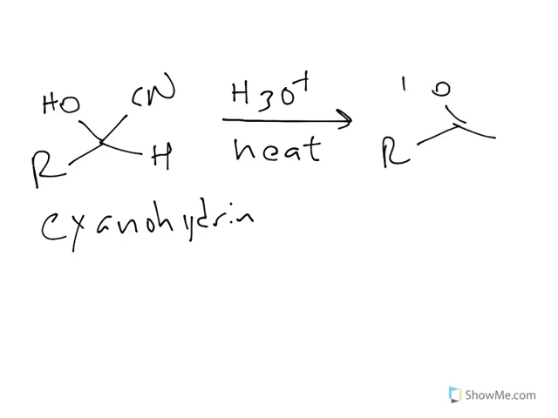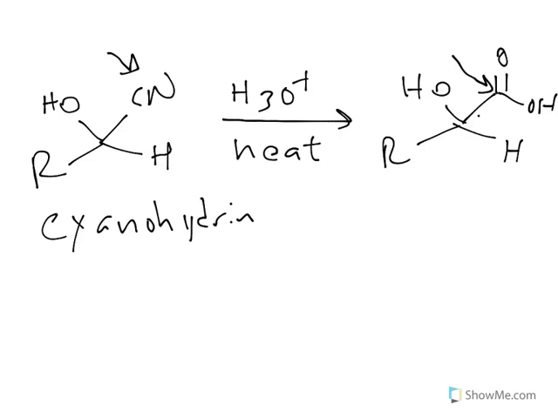We hydrolyze the cyano group to a carboxylic acid. You're saying, well, where the heck did this come from? So this carbon is this carbon now. The carbon on the cyano group is now a carbon in a carboxylic acid group.